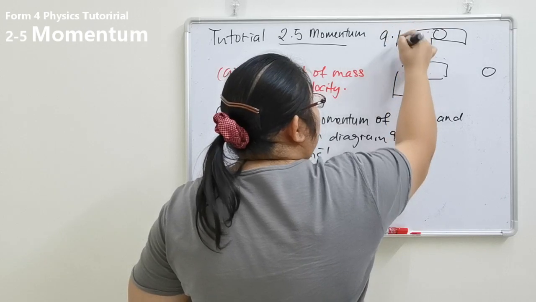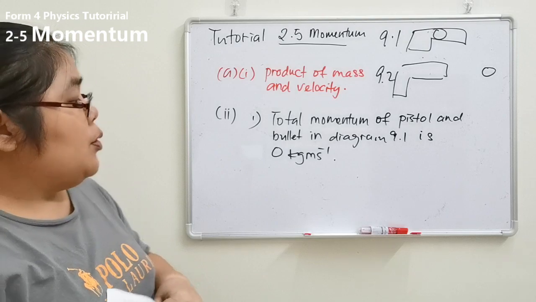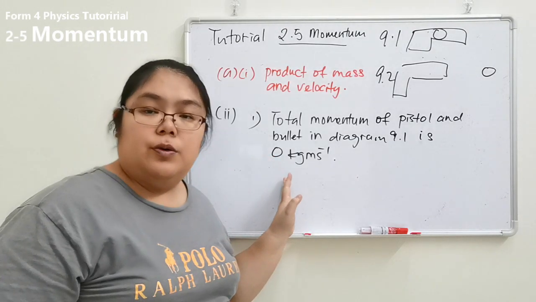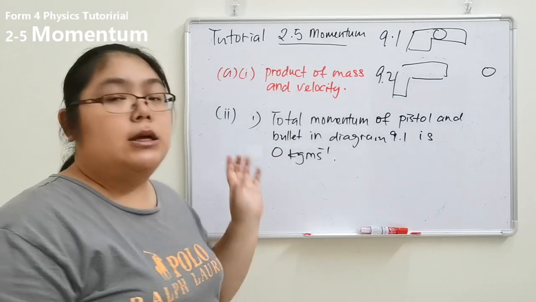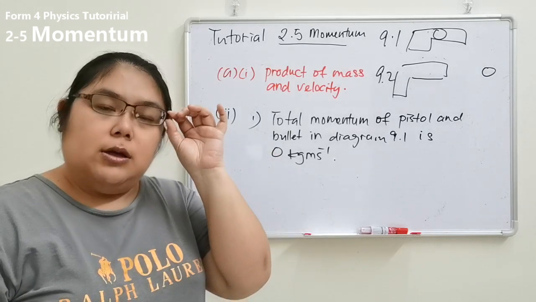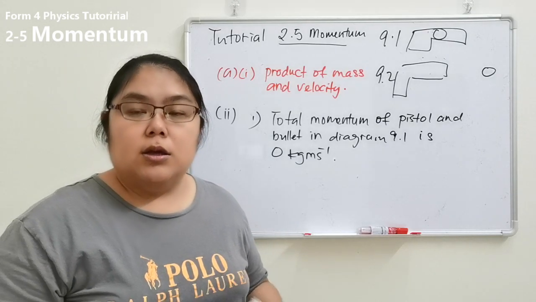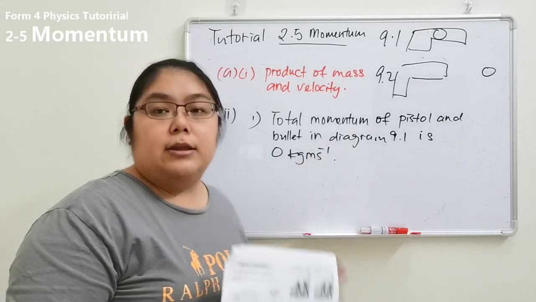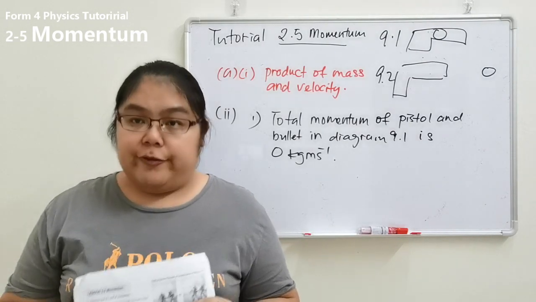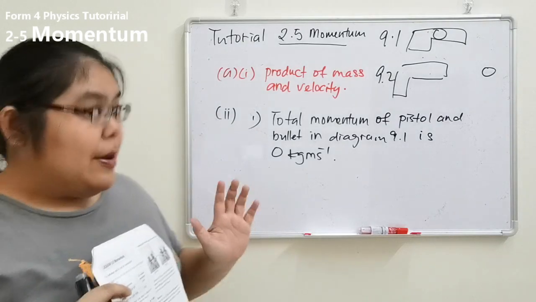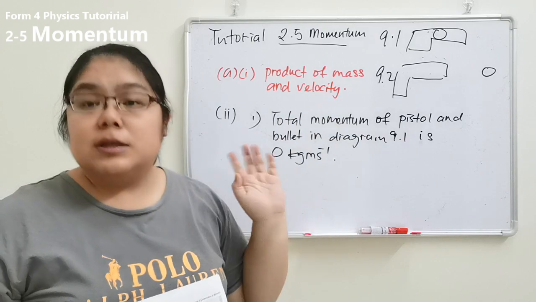Just now we answered 9.1 is 0. So what about 9.2? 9.2 is already after collision. Remember the principle: total momentum before collision must equal total momentum after collision. So before is 0, final also must be 0.